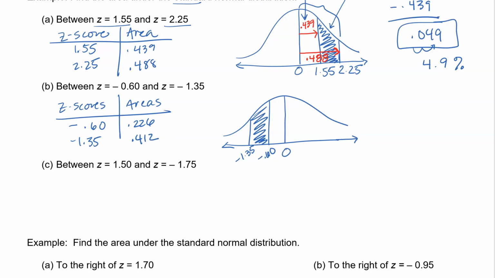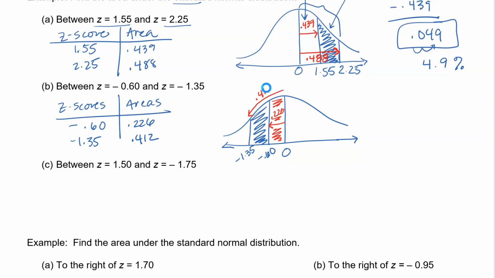I'm going to draw those on the picture. Starting from 0 going to negative 0.6, all of this is 0.226. And then starting from 0 going to negative 1.35, this whole region is 0.412.